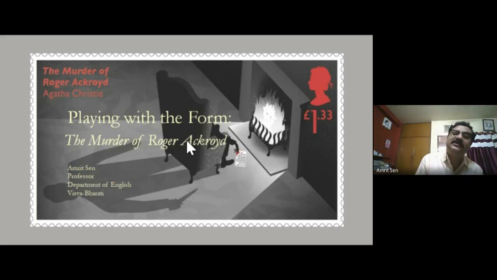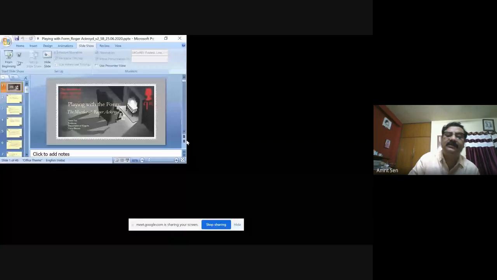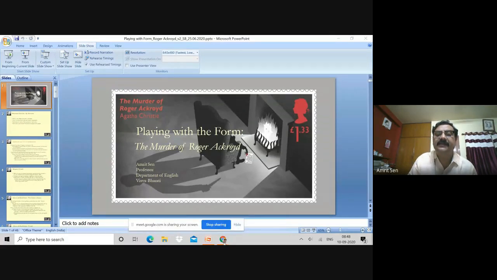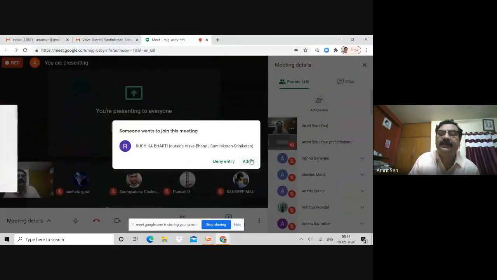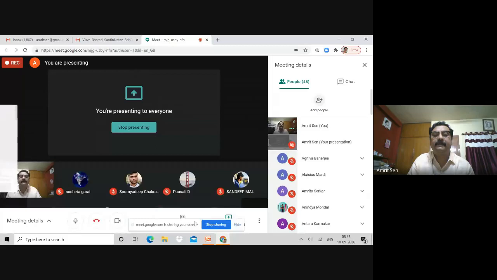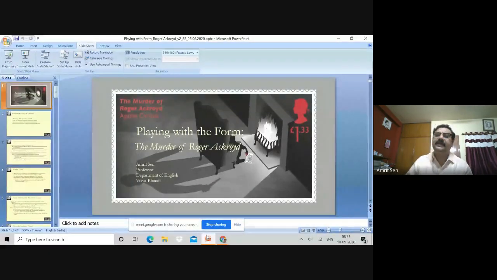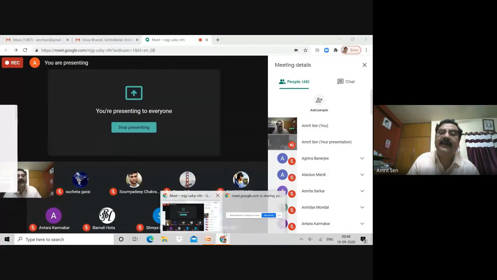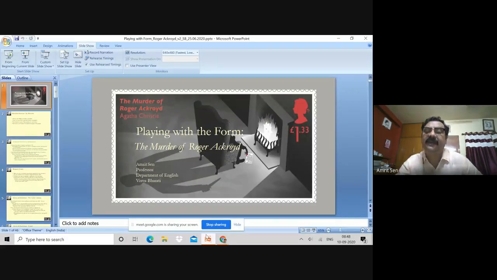And you can see, very interestingly, that there is this chair which is placed before the fireplace, and the stamp shows the letter, which is a very important motif in this text. And you will remember that this high back chair and the movement of this chair was an important integral part of Hercule Poirot detecting the crime.